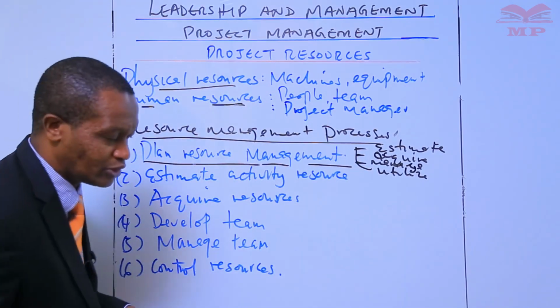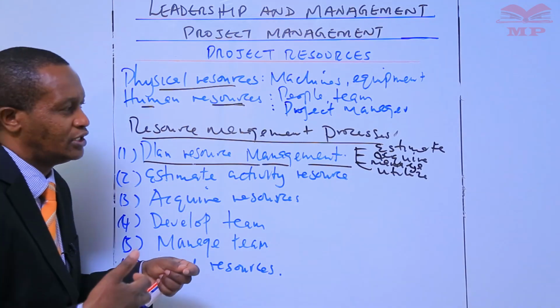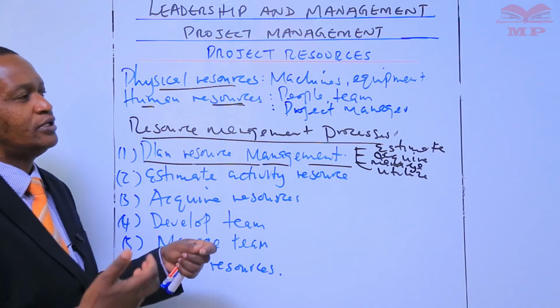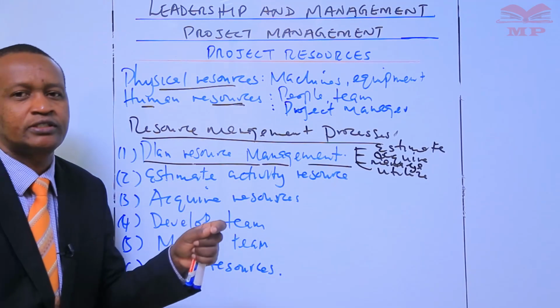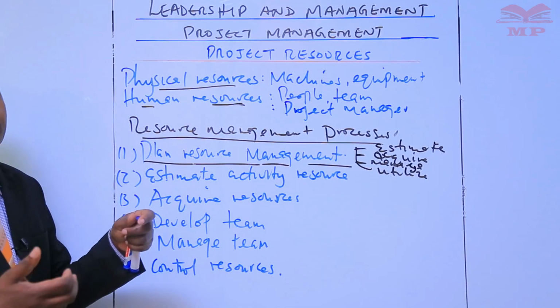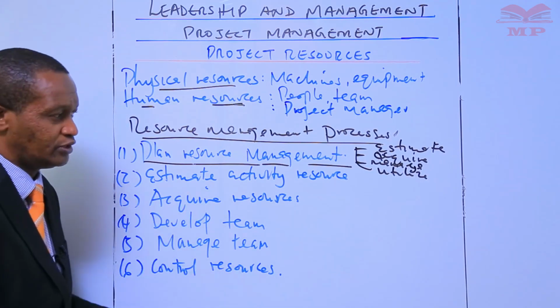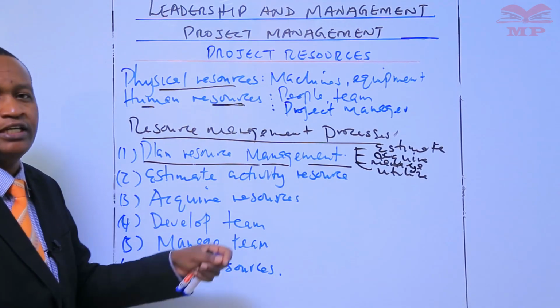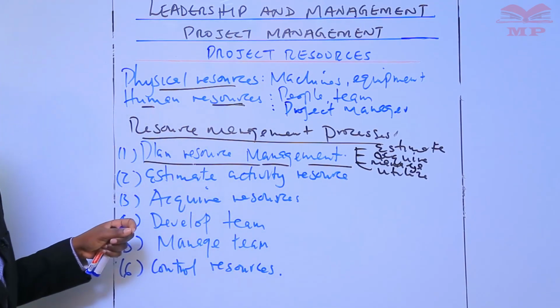So the resources can be obtained internally, or the resources can be procured using a procurement process. And I've said that there could be competition of resources from the company and also required to execute the project.